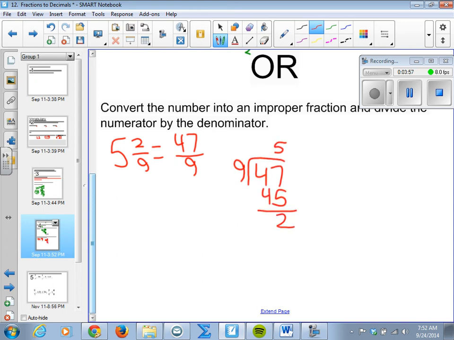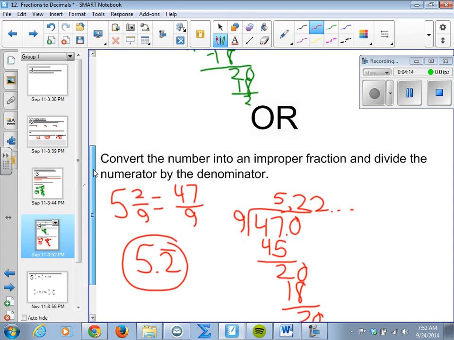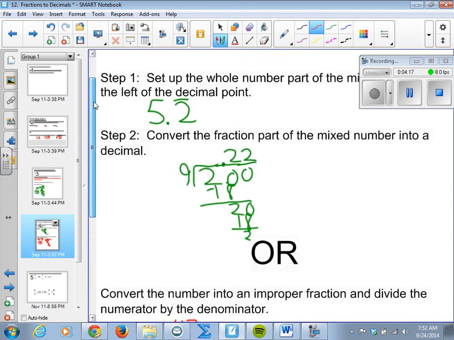We get 2. 9 can't go into 2. Bring the 0 down. 9 into 20 twice. And there we go again. So again, 5 2/10 repeating. Same as we found up there.